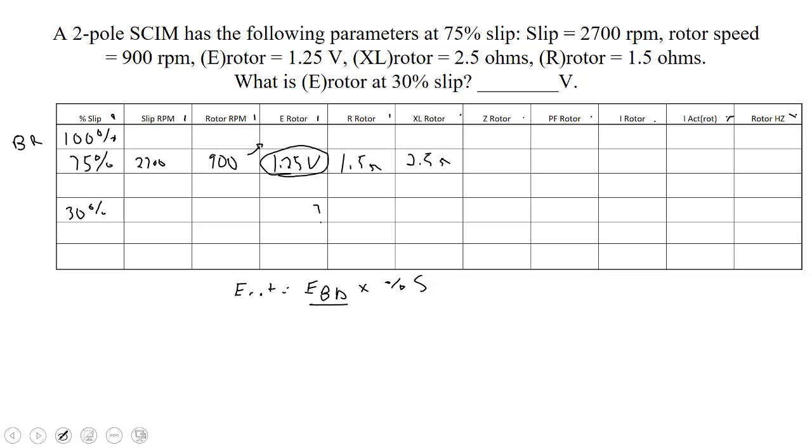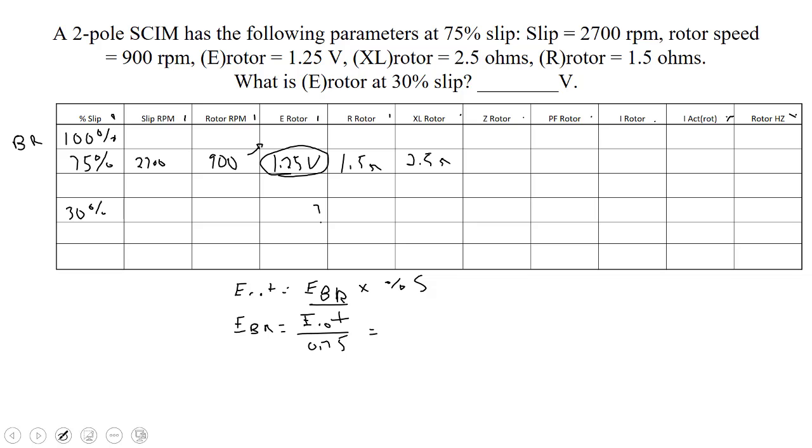So if I wanted to calculate what the blocked rotor voltage is, I'm going to take my E of the rotor at 75% and divide it by 0.75, or 75%.